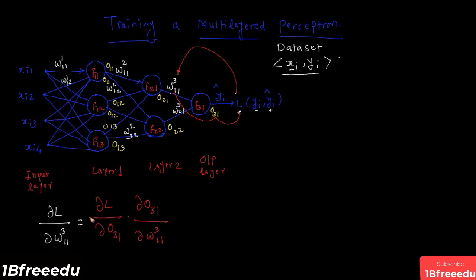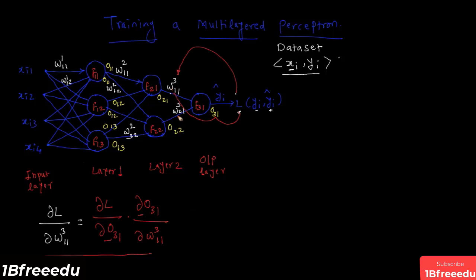So this is called the chain rule. This term has to be the same as this term, and then this is equal to dou L by dou W311, right? That is how I can compute the derivative of loss with respect to W311.